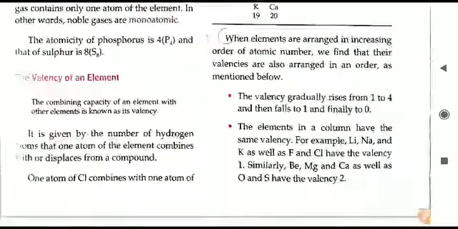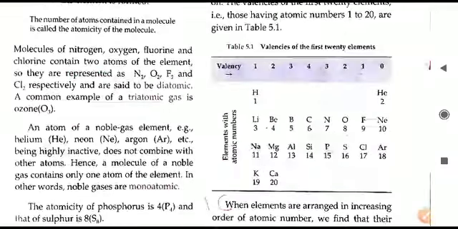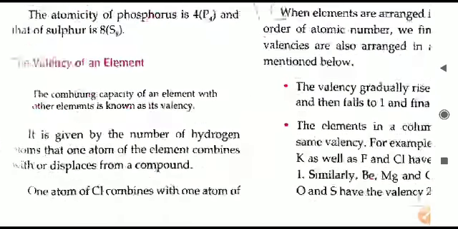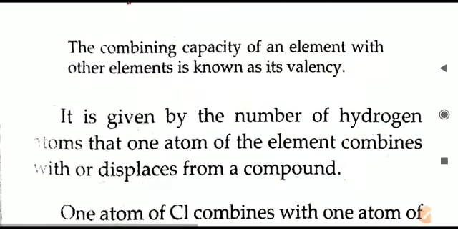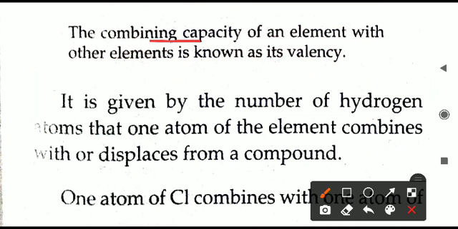Now we will move towards the next part, that is the valency of the element. What is valency? Valency, in simple terms, is the combining capacity of any element with other elements. A single element combines with other elements, but how many atoms of a single element can combine with how many other atoms, that is called valency.